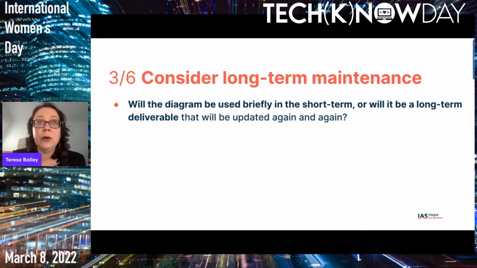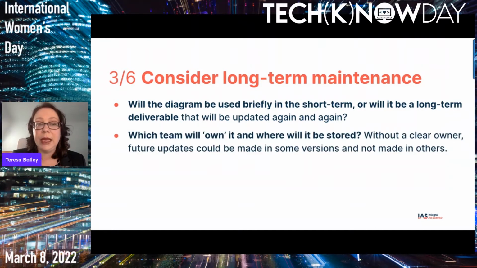And so you want to take that into account when you make some of the other decisions you're going to make. So who is going to own it and where is it going to be stored? You need a clear owner for the document, at least to start with. You might be the person making it, but who's going to own it after you're done with those first couple of initial versions and it's ready to pass on to someone else?